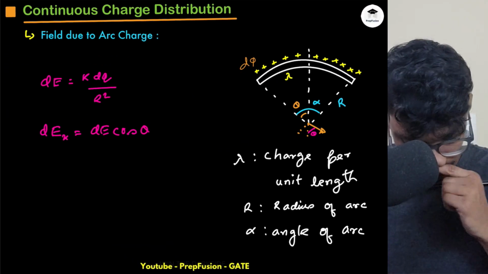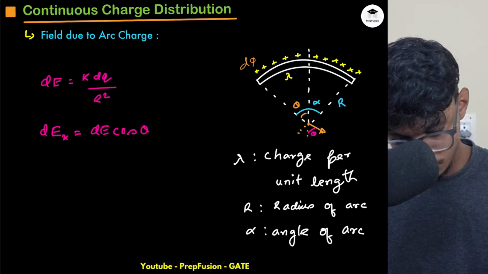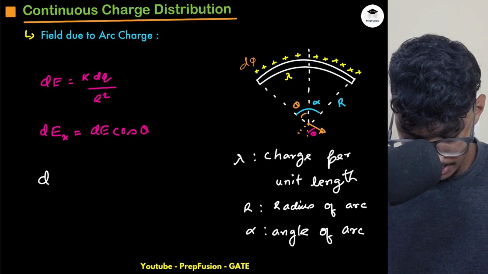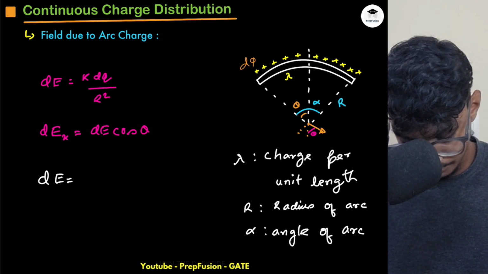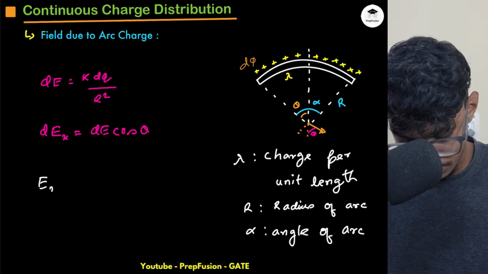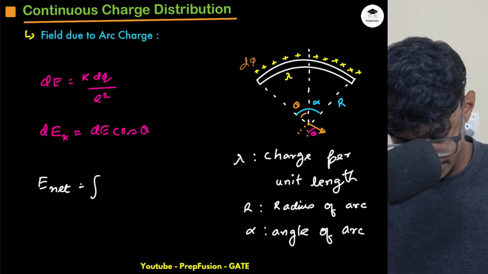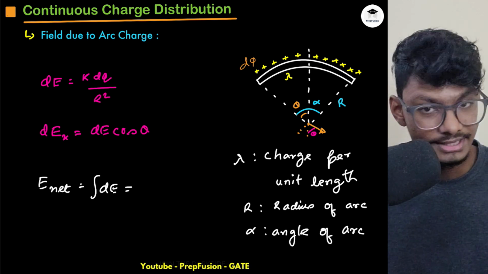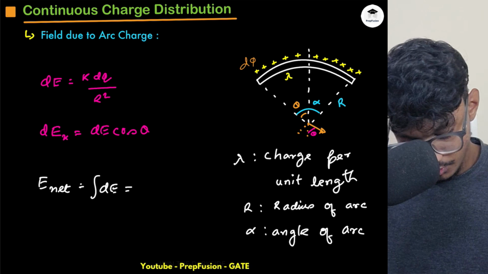So it will be dE cos theta. So E net will be simply the integration of dEx itself, which is dE cos theta.